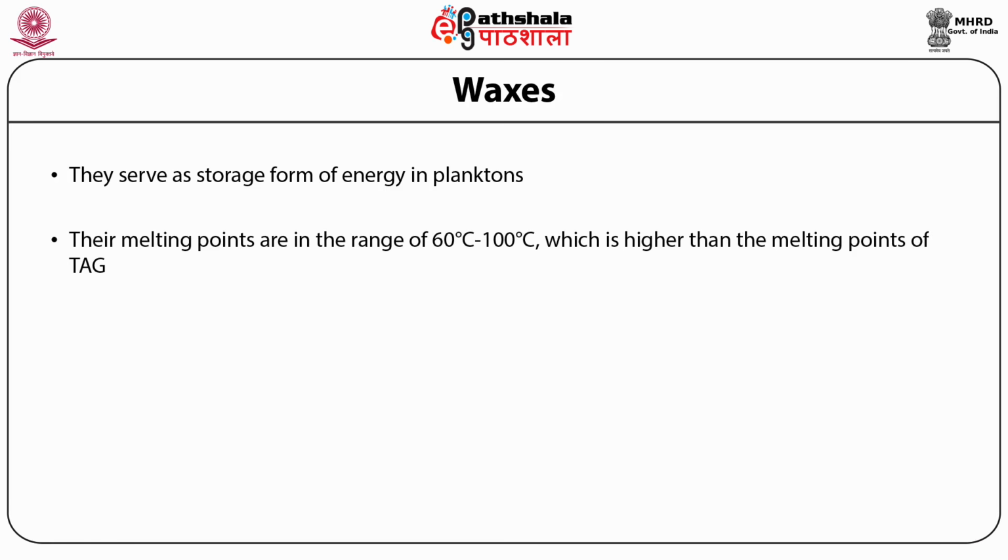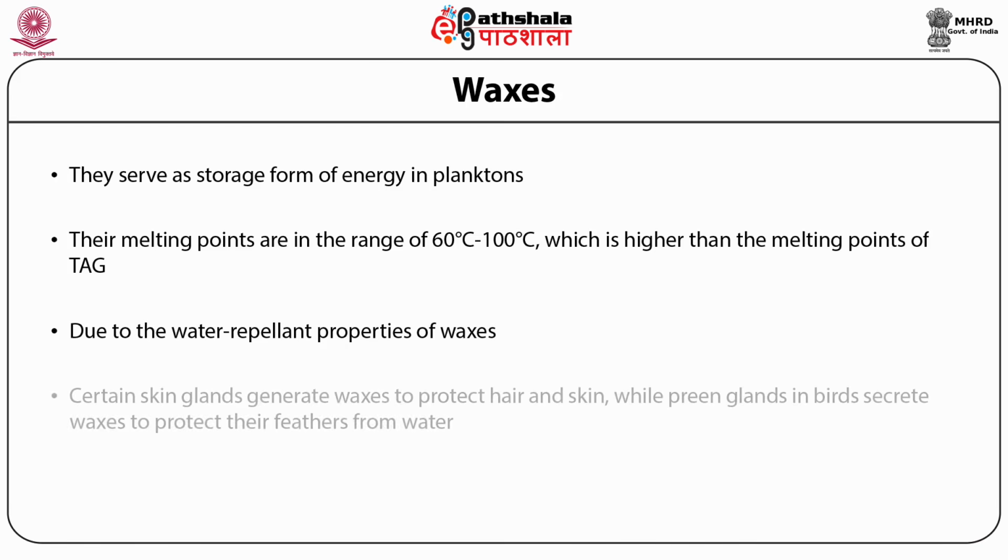The melting points of waxes are in the range of 60 to 100 degrees Celsius, which is higher than the melting points of TAGs. Due to the water repellent properties of waxes, certain skin glands generate waxes to protect hair and skin, while preen glands that are present in birds secrete waxes to protect the feathers of birds from water.